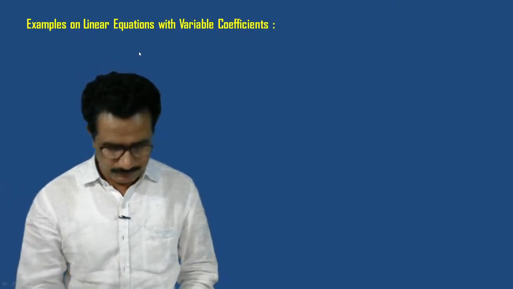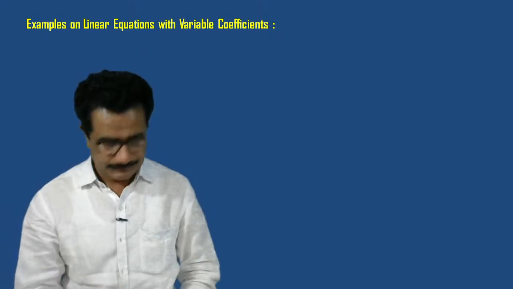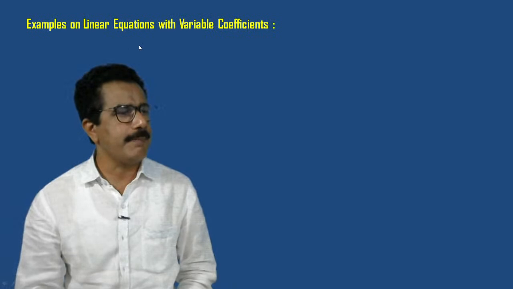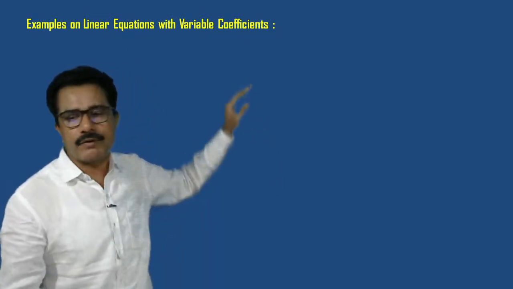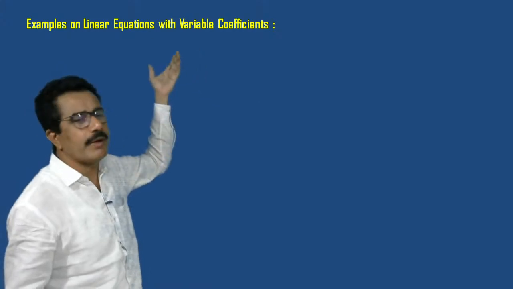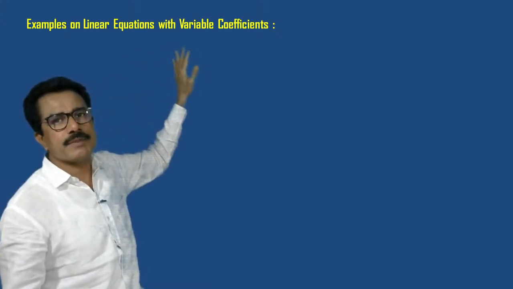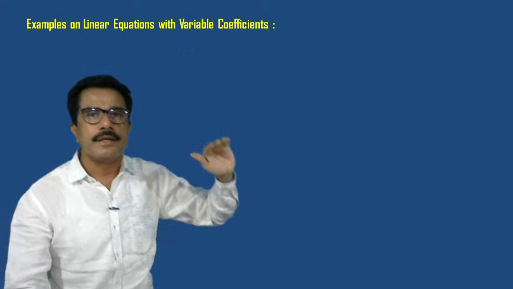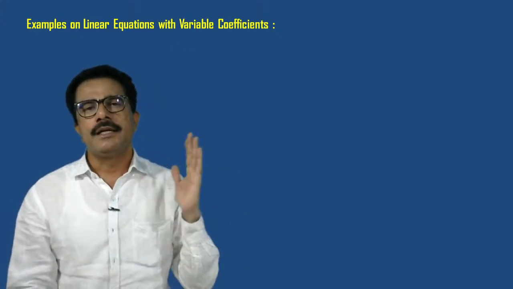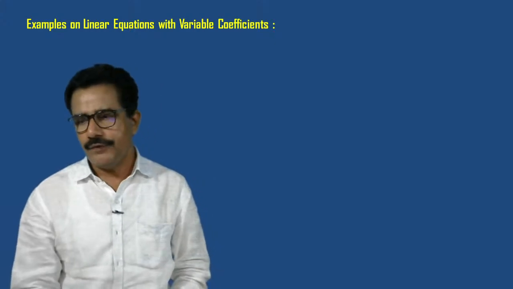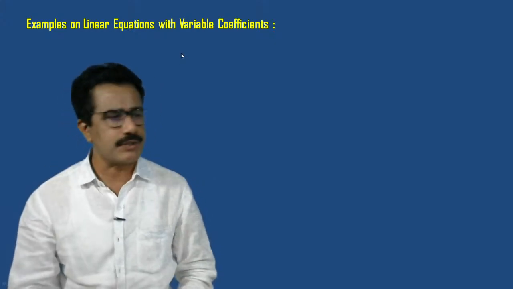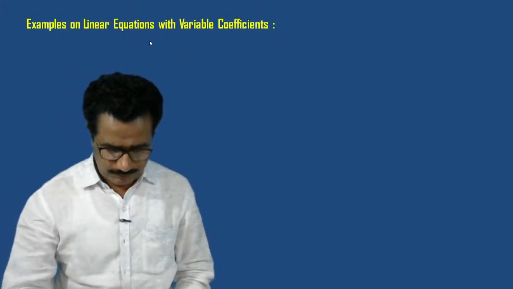Consider the first problem: we have to discuss examples on the linear differential equation with variable coefficients. That means we have to solve examples based on the different 10 theorems which we have studied in the second chapter regarding variable coefficients.